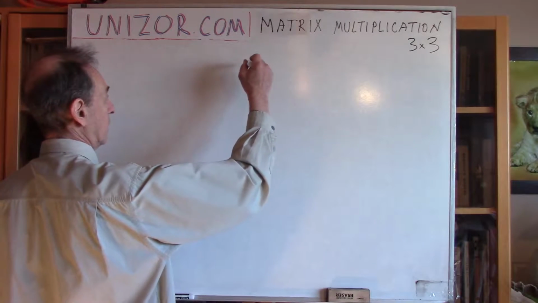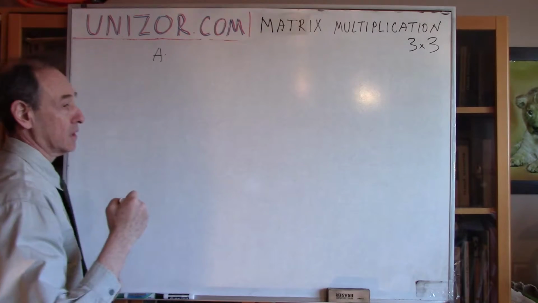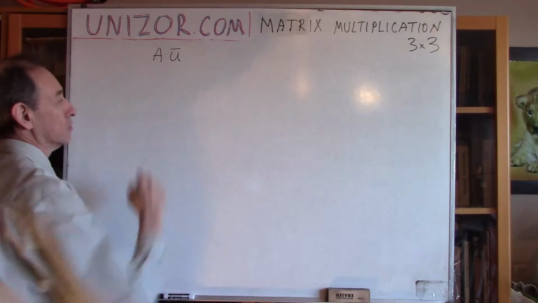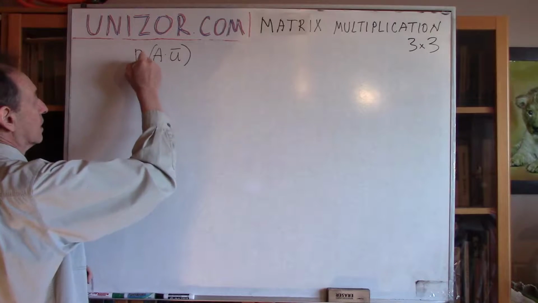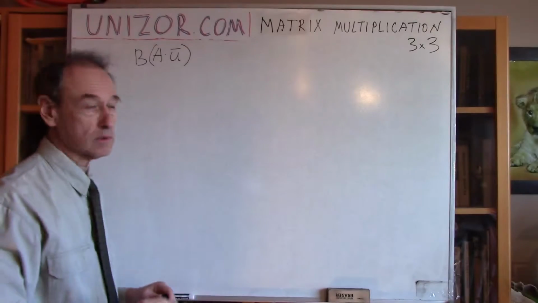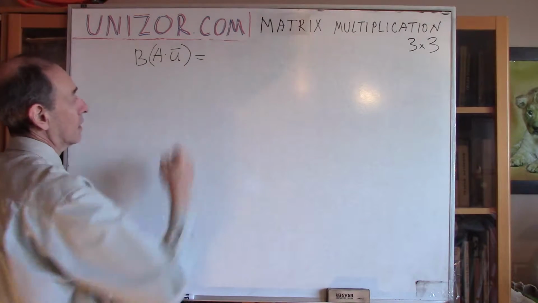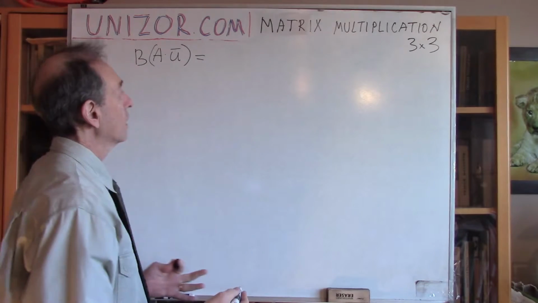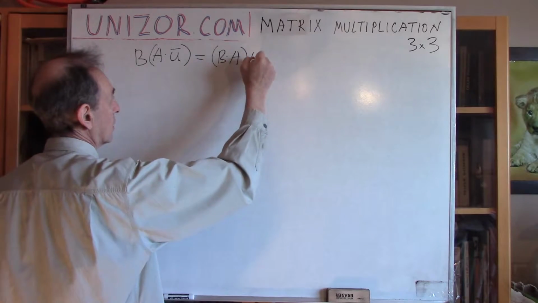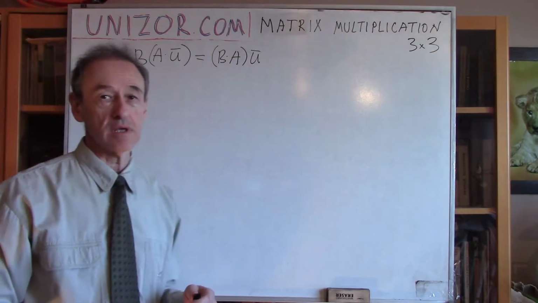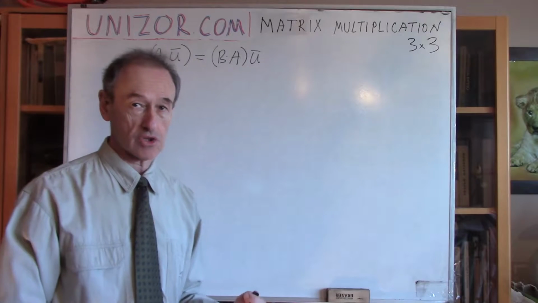If I have a matrix A applied to vector U, two-dimensional, because that's what I was talking about, and the matrix B later on was applied to the result of the first transformation, then I got some vector which can be actually produced by multiplying matrices B and A in this order according to a certain rule of multiplication.